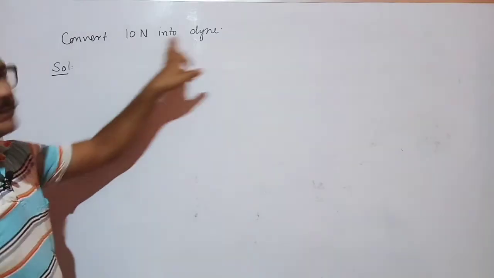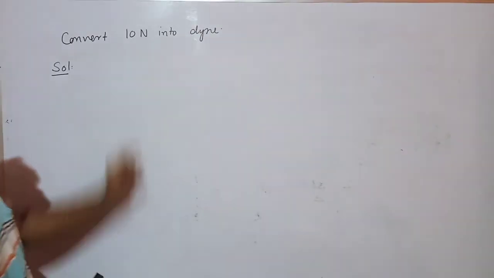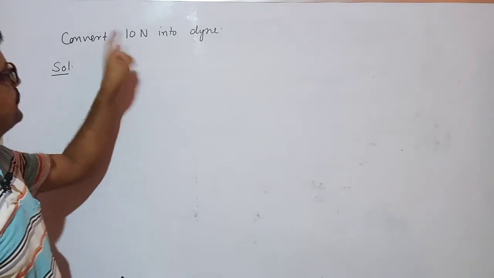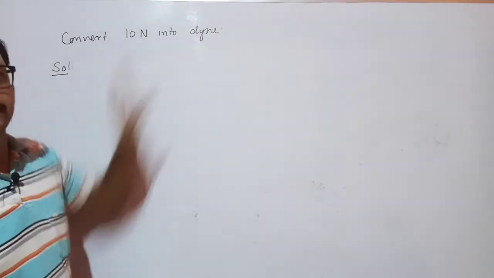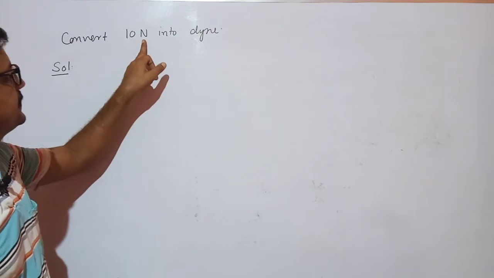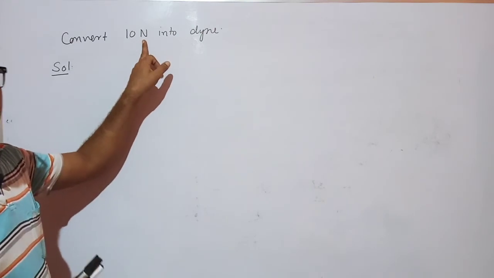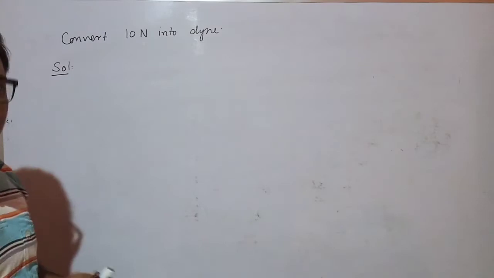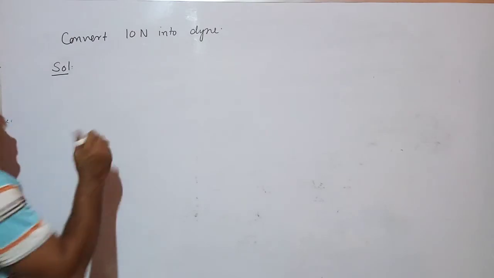Now convert 10 Newton into dyne. First of all, we have to see which unit is converted into which one. What we are seeing here is the unit Newton, and Newton is the unit of force in SI system.